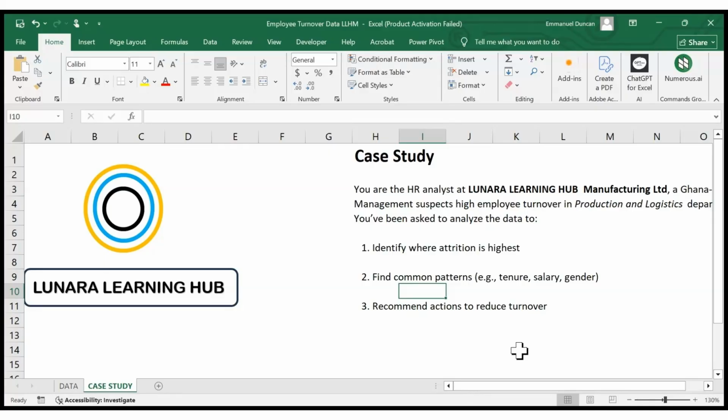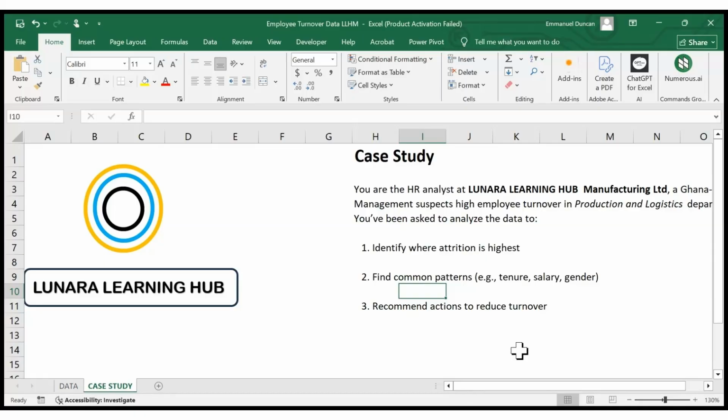So management tasked the HR analyst to investigate the issue and also make some recommendations.